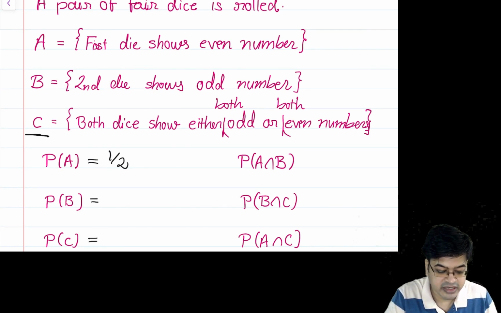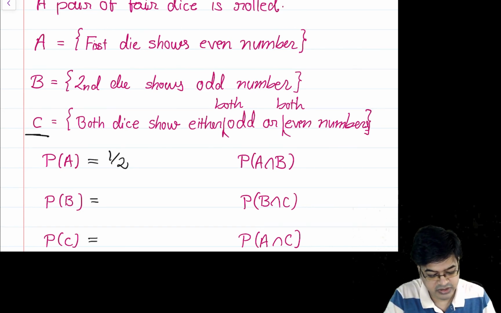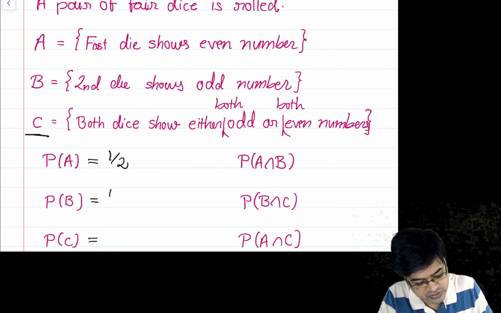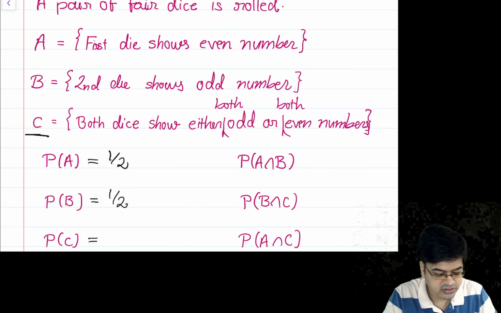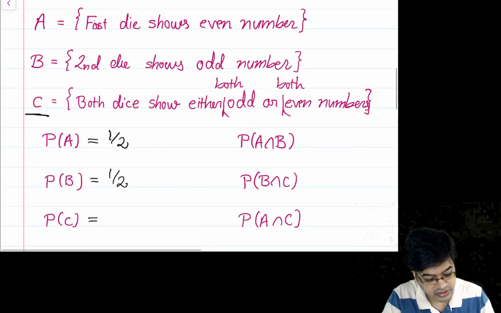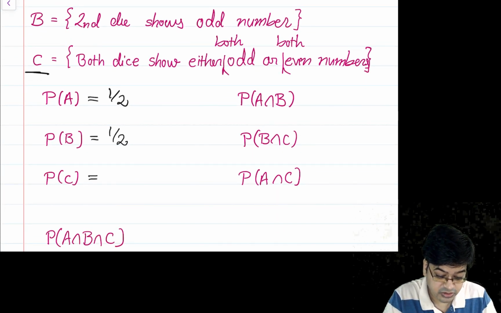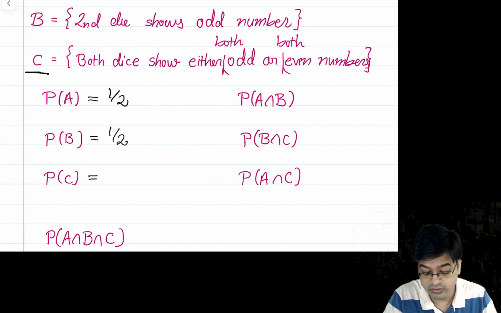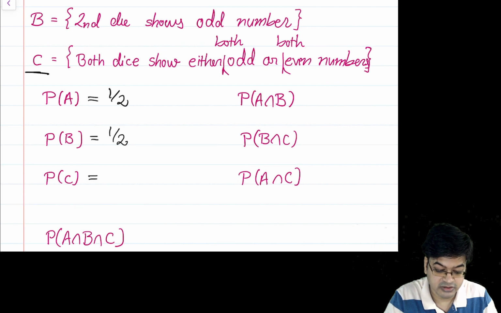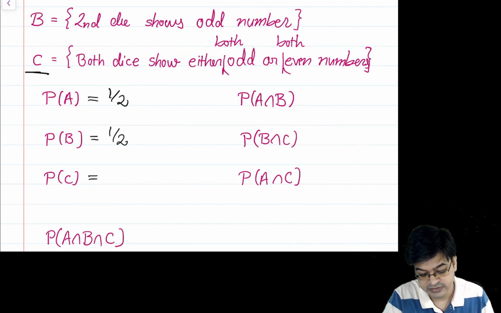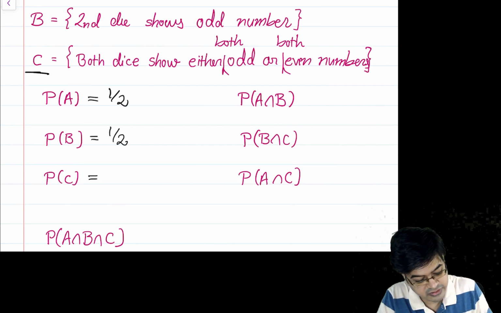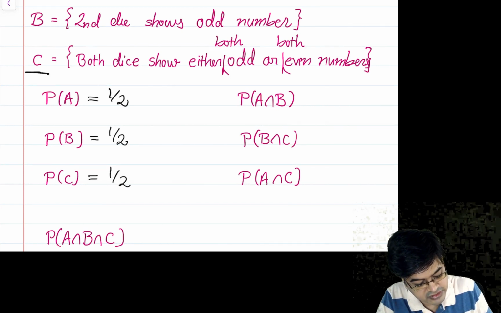In a similar manner, the second die shows an odd number, the same reasoning goes for odd numbers, that is also fine. Then the third event is both dice show either both odd or both even numbers. Now here you may list the outcomes and get the answer to be equal to 18 by 36. Just try it for yourself, and the answer to this question is half.